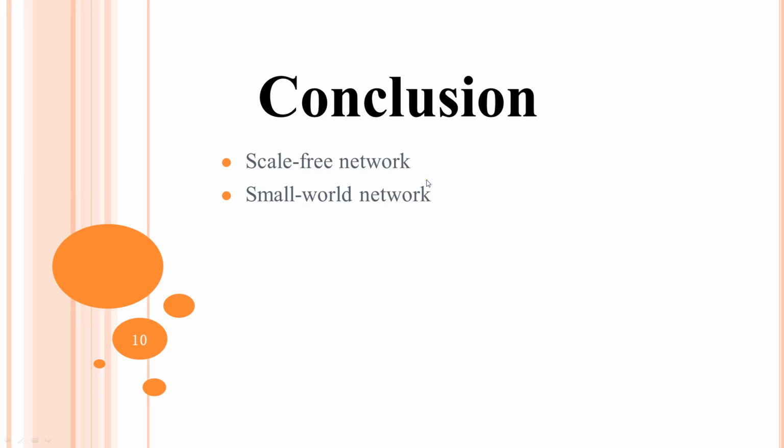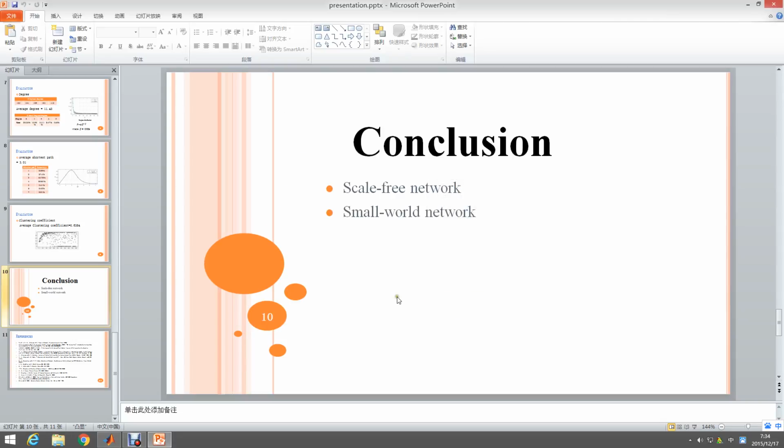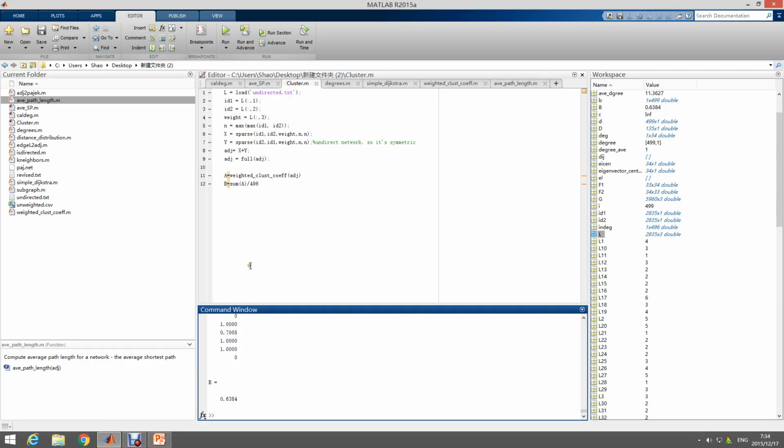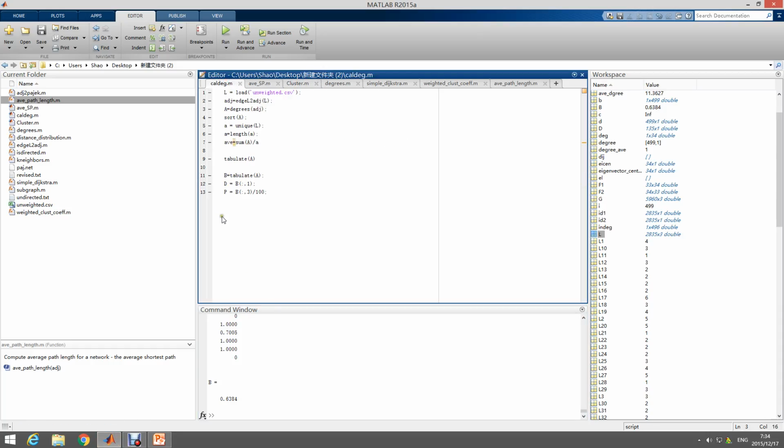Okay, now I will go through the demonstration part. Here are the MATLAB programs I've already opened. From the code, we can see the unweighted edge list is loaded and converted into an adjacency matrix.